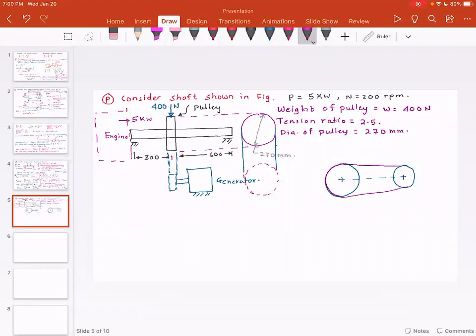Clearly there is a driving pulley. I'm going to call this a driving pulley. And this is the driven pulley.